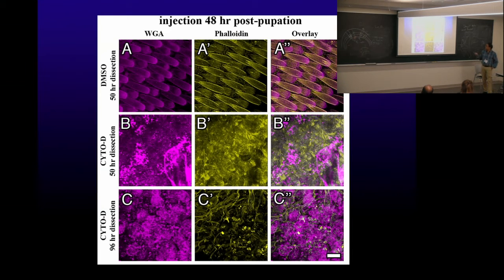And so sure enough, you can show that this F-actin really is important because if you take the scales that are normally developing, and you add cytochalasin D, which depolymerizes the actin, then the scales completely collapse and fall apart because this is their internal skeleton. If you wait until the chitin starts to get secreted and then you depolymerize the actin, the scale's okay, but that makes sense because the cell was about to break down its actin anyway. It doesn't need it at this point.